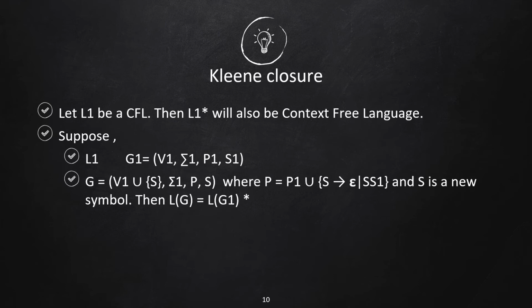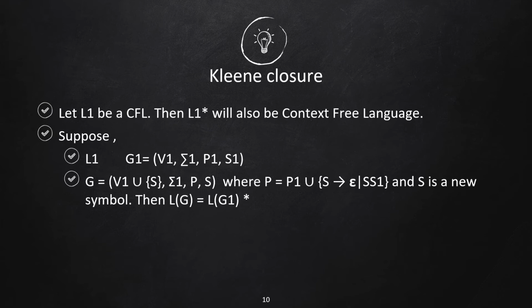Now the grammar for L1 star has variables V1 union the new start symbol S. The production rules of the new G will be all the productions of L1 along with the production S → ε or S → S1 S. That is the new production for G, and the remaining input alphabet is the same for both L1 and G.